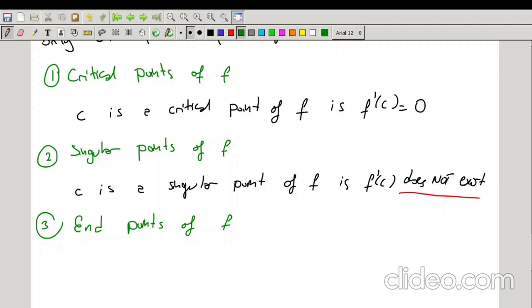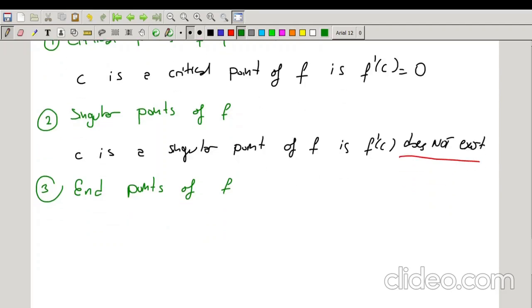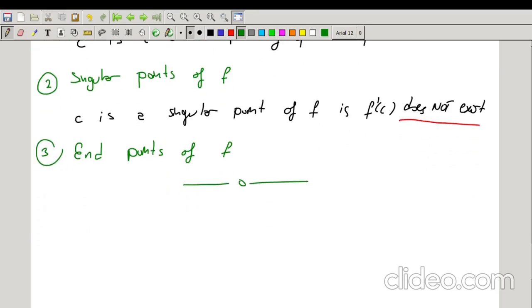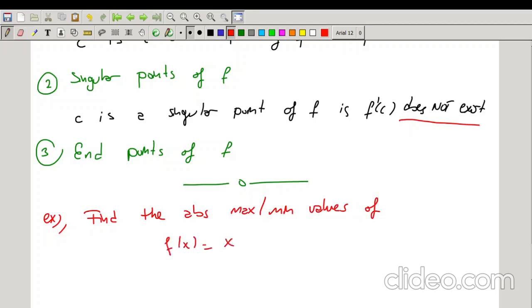Let us do examples of these special types of points. Example: find the absolute maximum and minimum values of f of x, which is given as x times the square root of 4 minus x squared, on the interval -1 to 2.